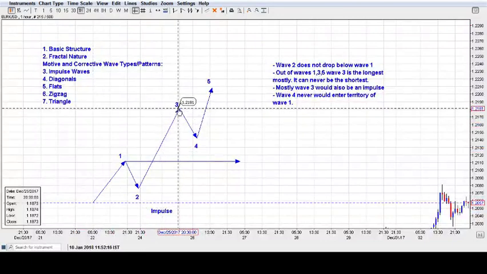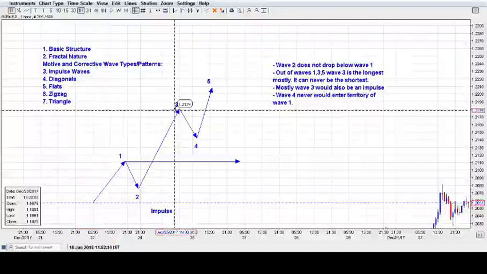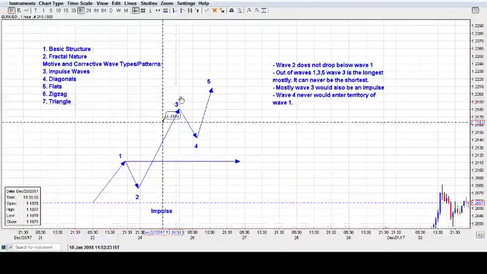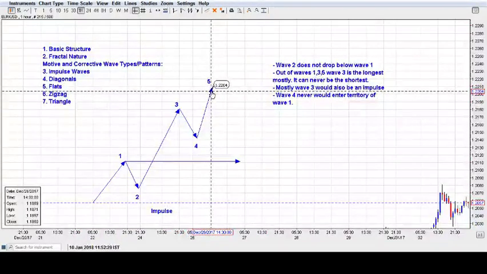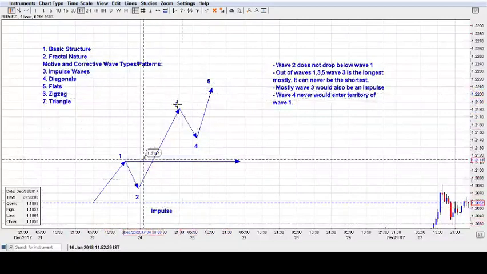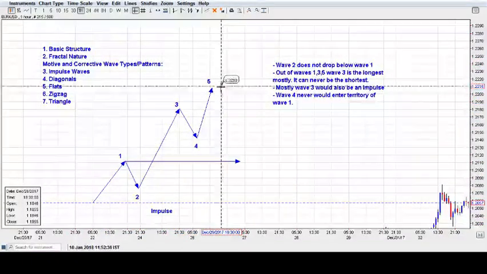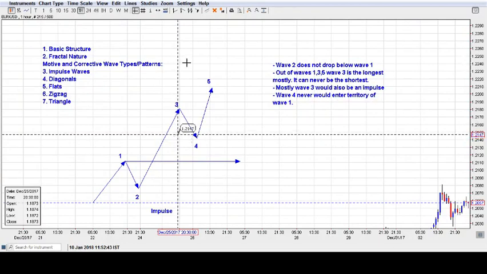If that is the distance traveled by waves 1 to 3, from the bottom of wave 1 to the termination point of wave 3, the fifth wave would ideally terminate at a 38.2% Fibonacci extension of that distance traveled. Sometimes it may go up to 61.8% as well. These are the Fibonacci correlationships which you would want to keep note of when you are trying to trade. It's a trading point of view.